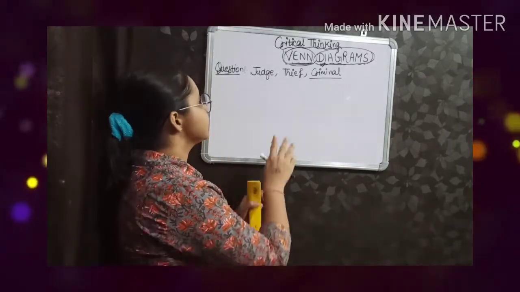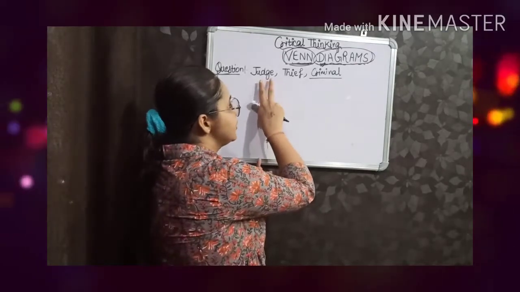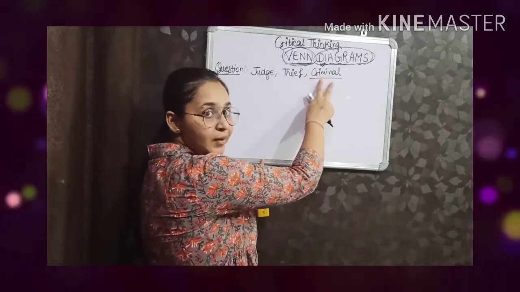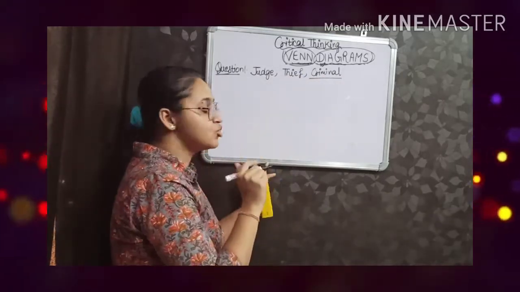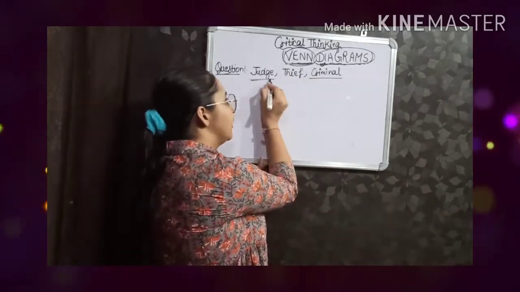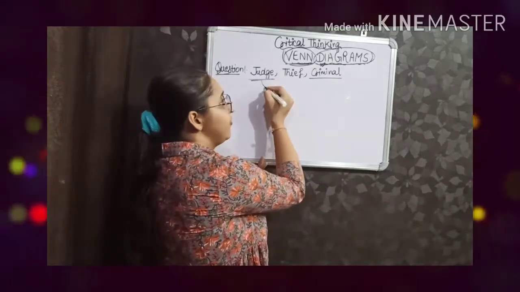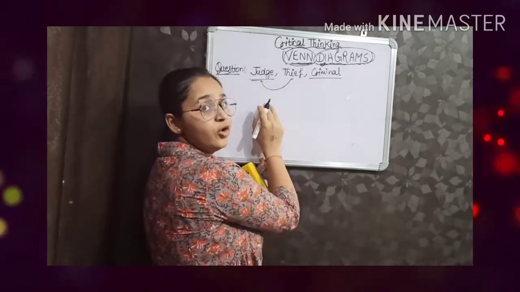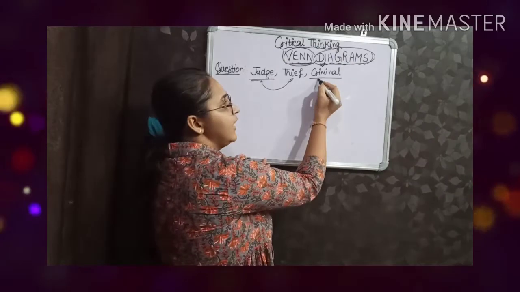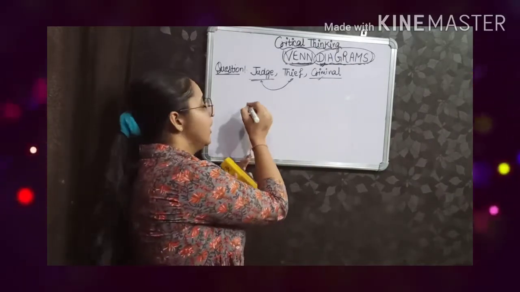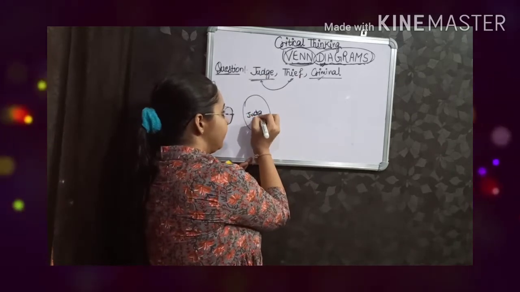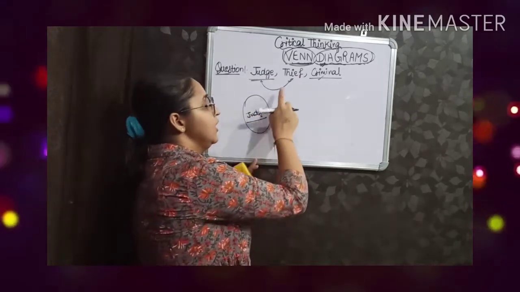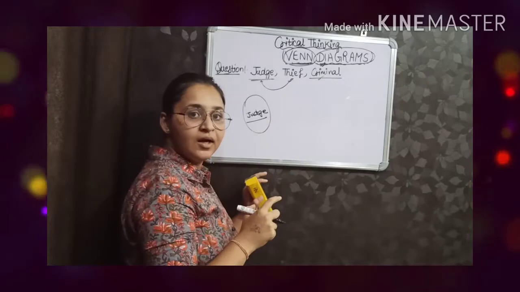Okay? Let's discuss one more question for your better understanding. See, the relation given is judge, thief and criminal. Now see, judge is a different collection or different group from thief and criminal. So we can make a circle for judge. Okay? Done. Now come to this part. Thief and criminal.